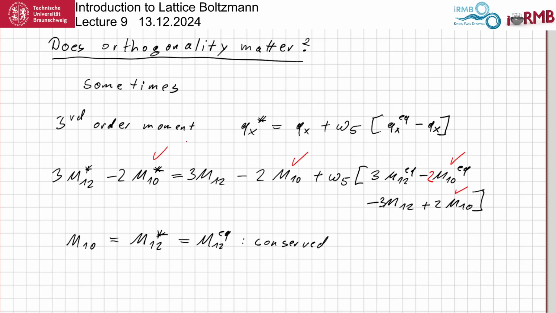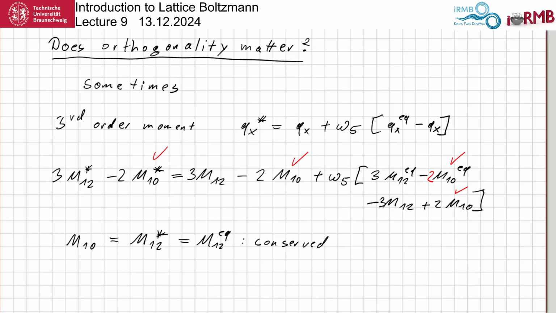And all you are left with is that you are not relaxing the third moment, but you are relaxing 3 times the third moment. But you can divide the entire thing by 3 and you end up with exactly the same.